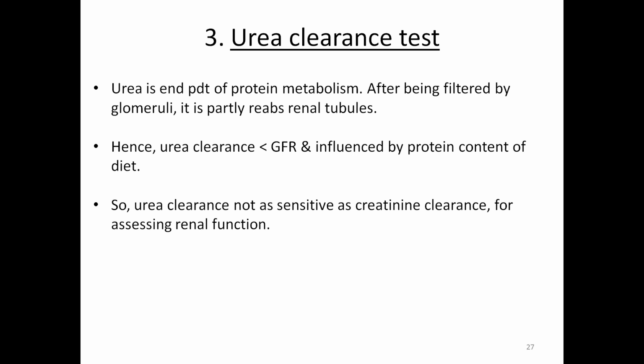How come? Because urea is the end product of protein metabolism, and after being filtered by glomeruli, it is partly reabsorbed by renal tubules. So urea clearance is not as sensitive as creatinine clearance for assessing renal function, because being heavily influenced by diet, it would be pretty variable. So not the best method, or as sensitive as the others.